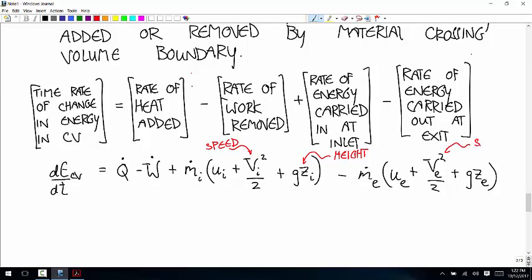So there's the speed. There's the height. That's the gravitational potential energy. So that g is 9.81 meters per second squared. Remember, gravitational potential energy is mgh. So that's what this is.